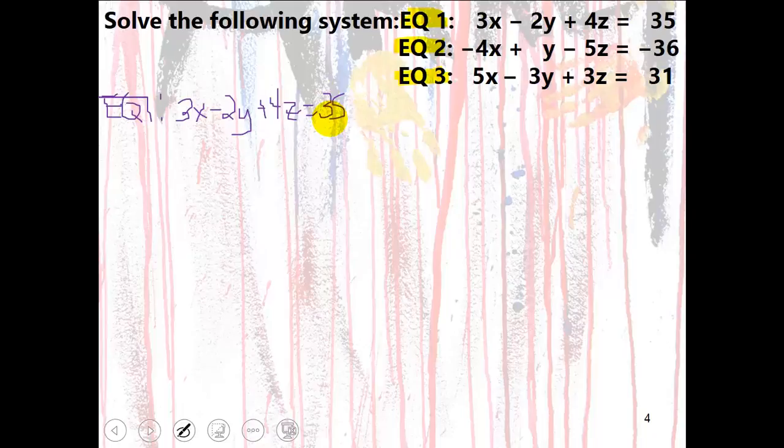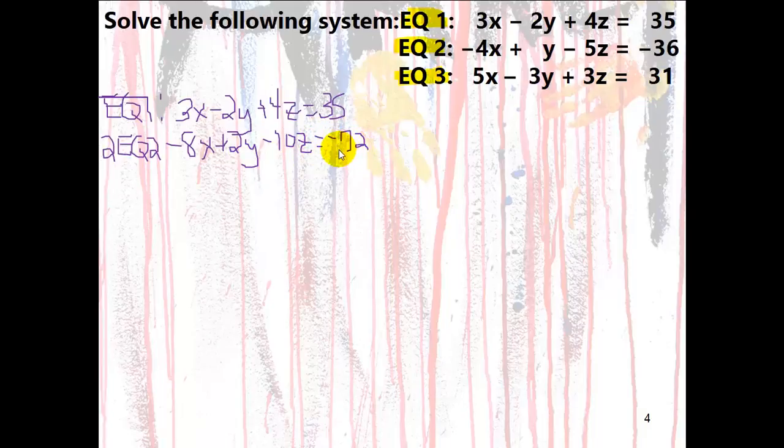And then I'm going to multiply equation 2 by the number 2, and then I'm going to add it together: negative 8x plus 2y. By doing that, my y's will drop out. Minus 10z is equal to negative 72. And now I'm going to add those together.